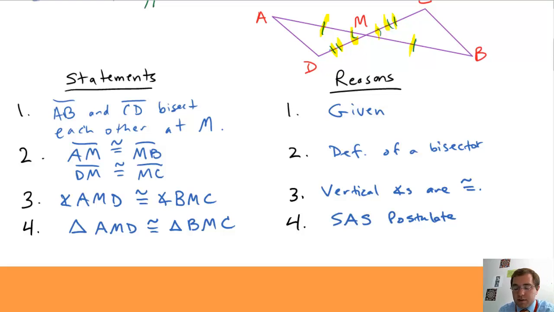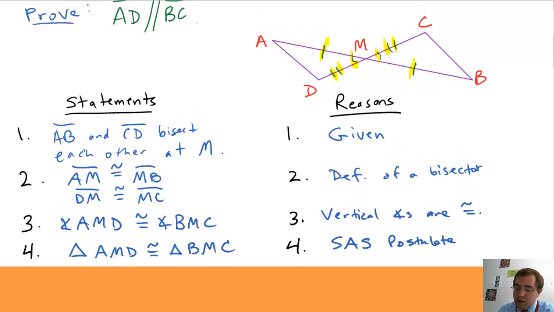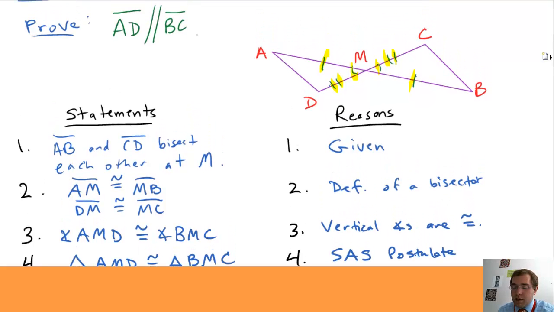Now I'm not finished, because I wasn't just trying to show that those triangles were congruent. I'm trying to show that AD is parallel to BC. I'm going to use those congruent triangles to get me where I want to go, though. I could show that AD is parallel to BC if I could find a pair of alternate interior angles congruent.